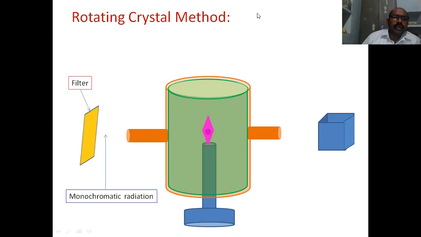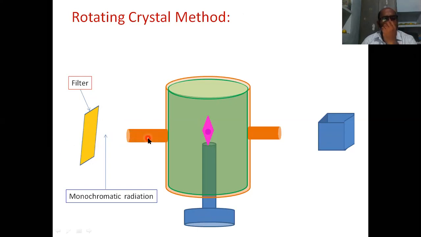Its purpose is to get monochromatic wavelength from the X-rays coming from here, and they are collimated with the help of this collimator. The collimator provides a fine beam, which falls on this. It is the path for the direct beam, the undeviated beam, the direct beam of incidence.